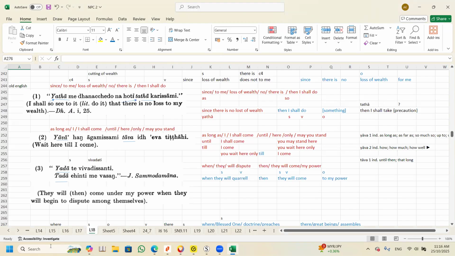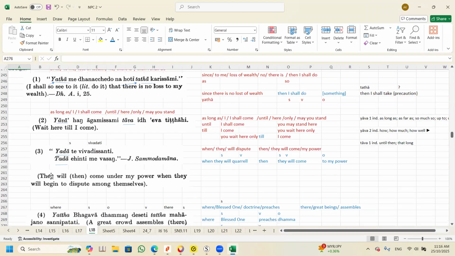So this should be genitive, my power. Because this is subject, verb, object: they will come to my power, which means that when they quarrel, you control them. Divide and rule. You see the English changes again. They don't put when and then.